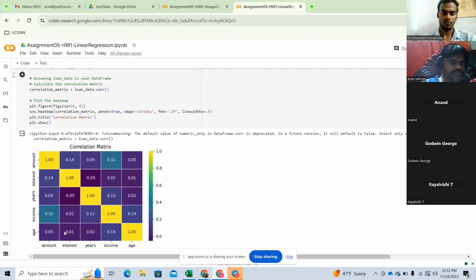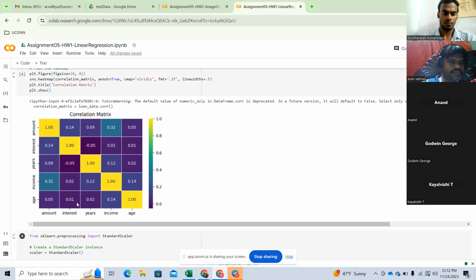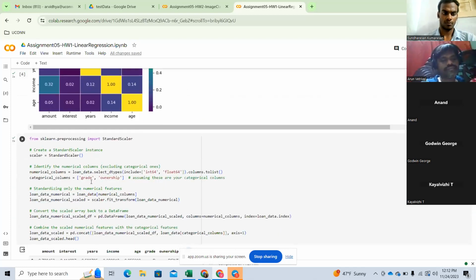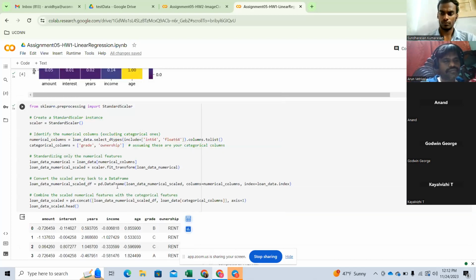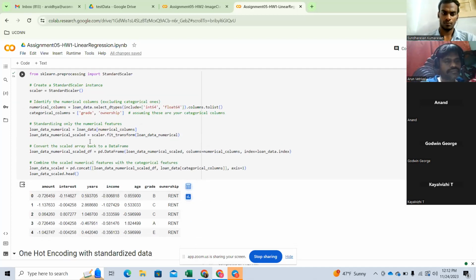Others didn't have a very significant positive correlation, and certain ones had negative correlation. When we proceeded without standardizing or normalizing our data, the mean squared error was around 32 million. That was so high.